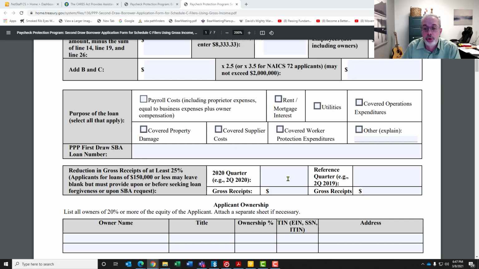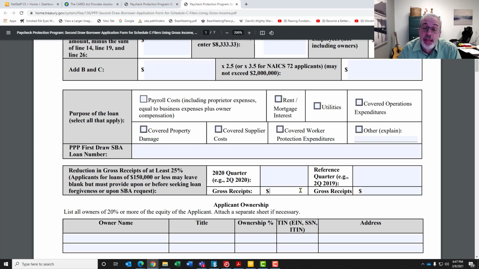So you pick your quarter, 2020 you put here, 2019 you put here, you put the amount, and so right here you would say Q2 or 2Q, since that's what they're showing there. If you're going to compare the second quarter, first quarter, whatever it is, and then you put the gross receipts amount right here, and if there's 25% difference, that's going to be enough.